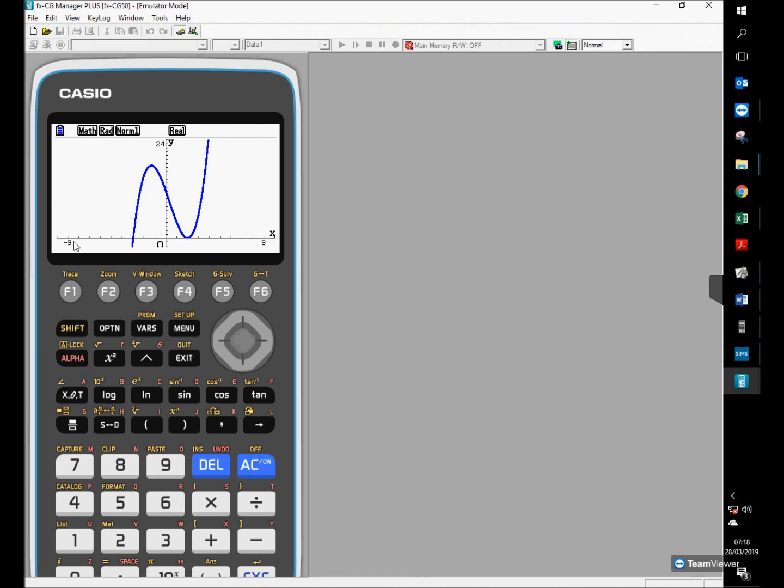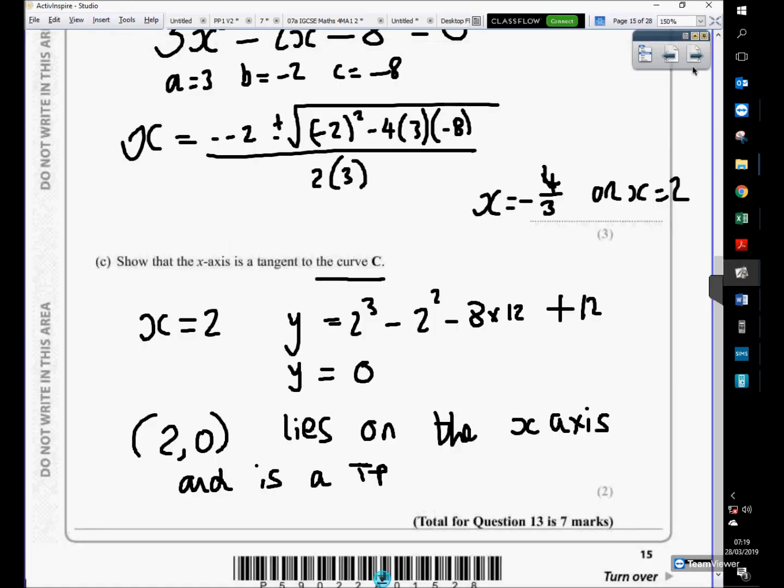So that means the x-axis will be a tangent to the curve at that particular point. That's enough to score 2 marks.